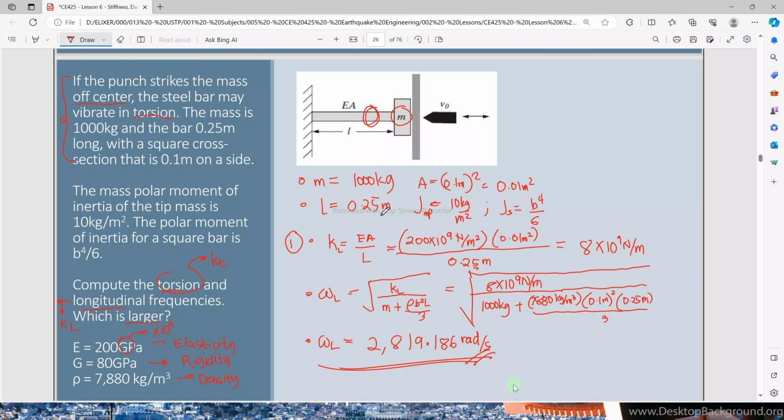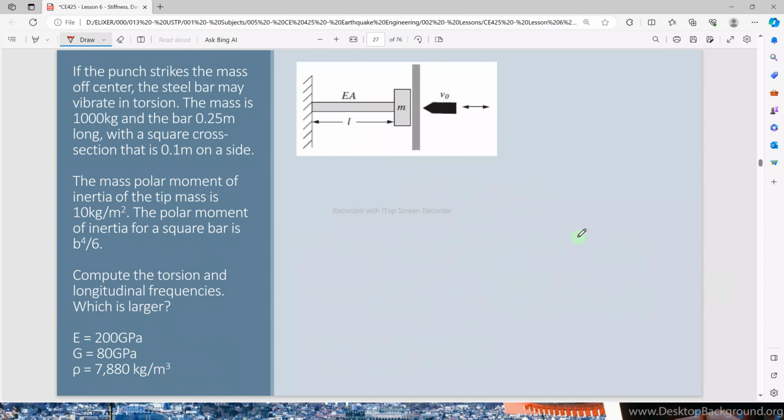Next, let's solve the torsional frequency. First, we get the torsional stiffness.